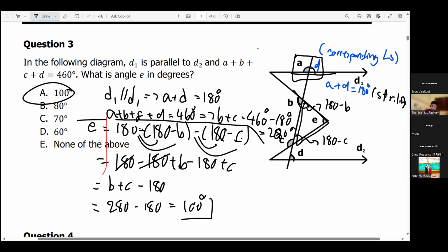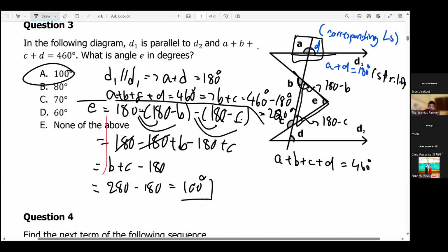So from what is given, we got A plus B plus C plus D equals to 460. And A plus D equals to 180. So you'll get B plus C plus 180 equals to 460.